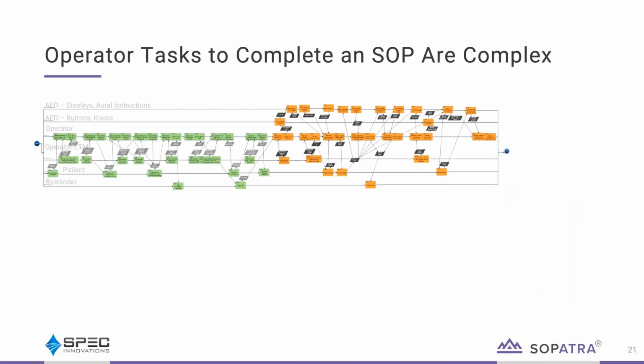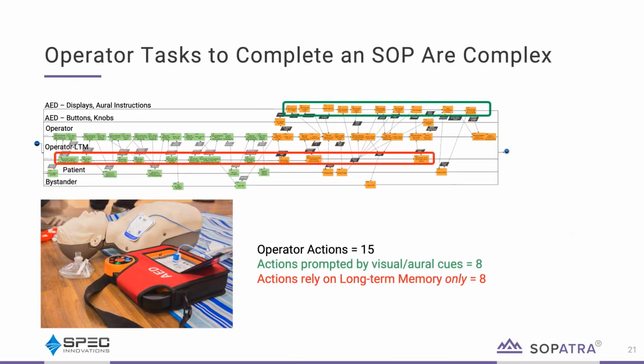So again, operator tasks to complete are complex. If you start looking at something as simple as, you think, alleviating a cardiac arrest situation, you have all these things, and probably the most important part of it is that there are indicators or cues that tell you when you should do something, okay?